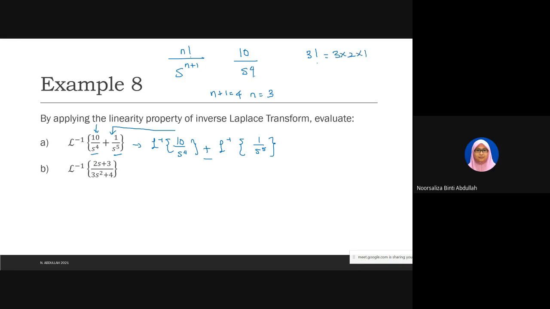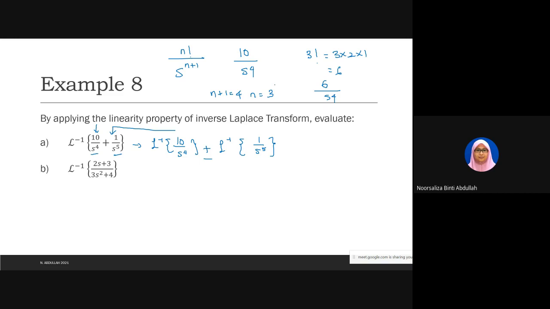Right? Betul tak? Betul. Okay, so 3 factorial here. 3 factorial berapa nilai dia? 3 factorial will be 6. Right? So it should be 6 over s kuasa 4.